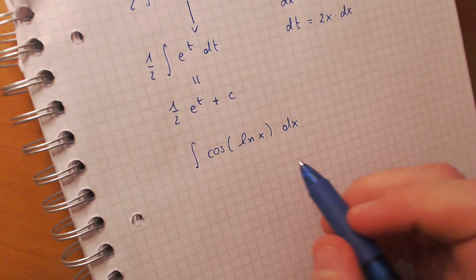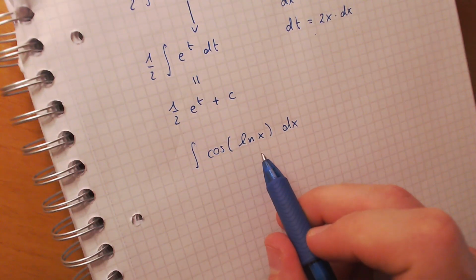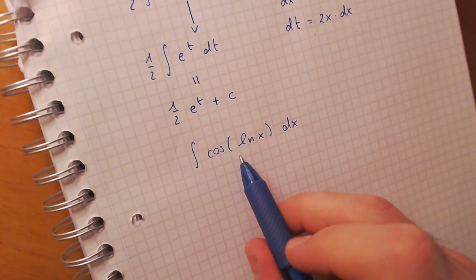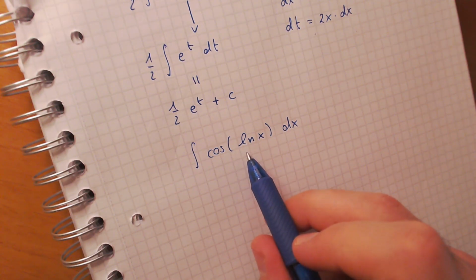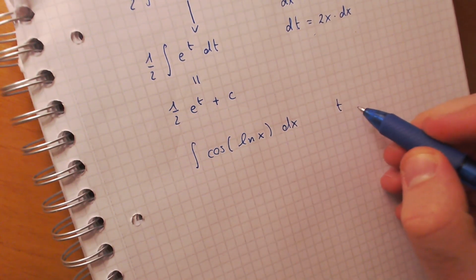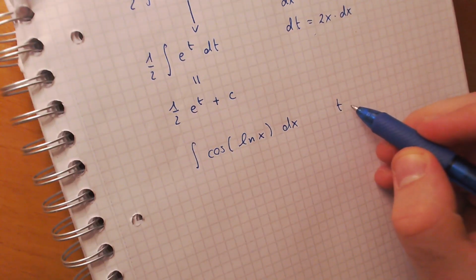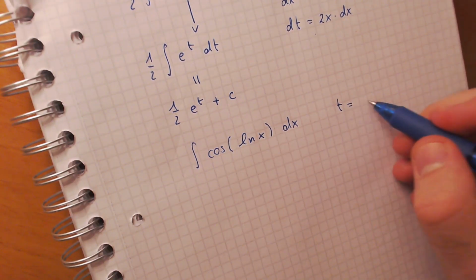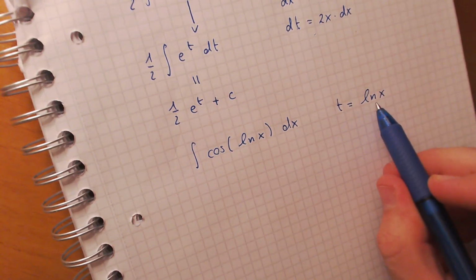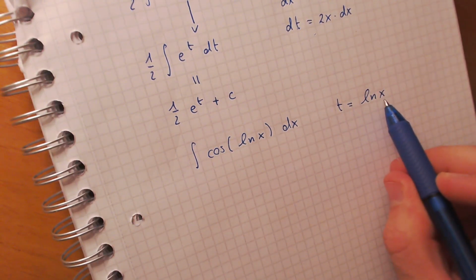Okay, so in this case also it is convenient to consider a substitution, so it is convenient to change the variable, and in this case we can consider a substitution of this kind. So t is the new variable, and we say that t is equal to the natural log of x.